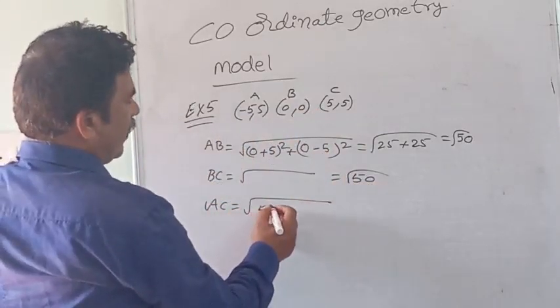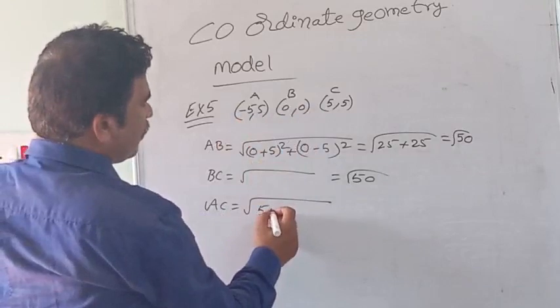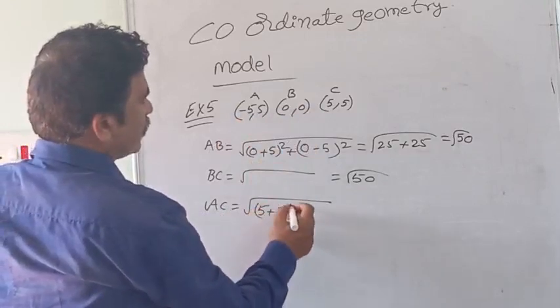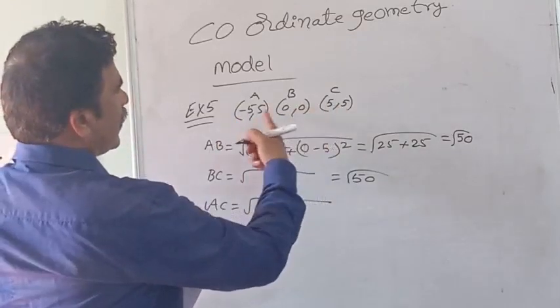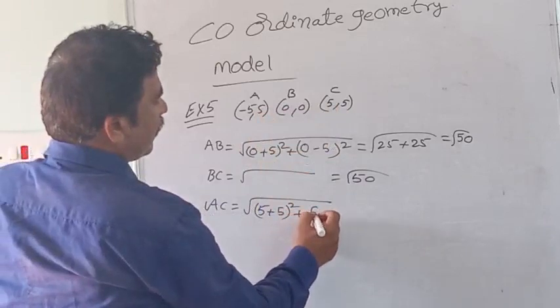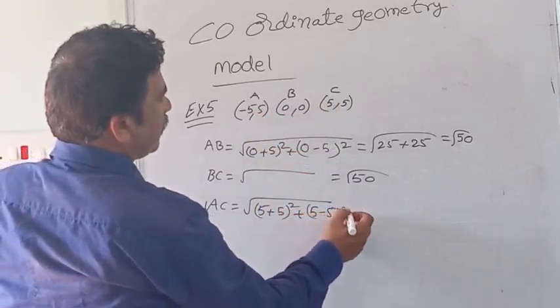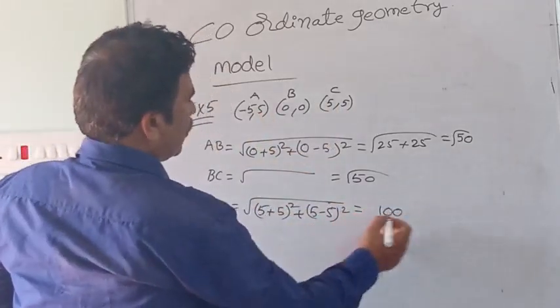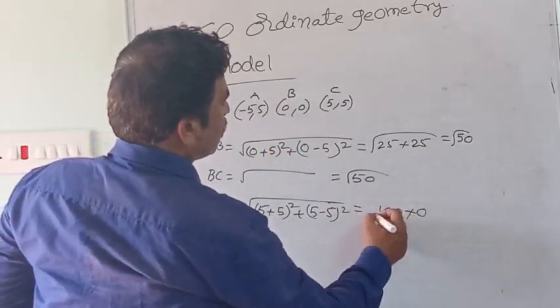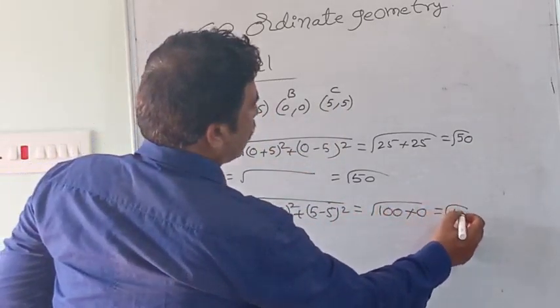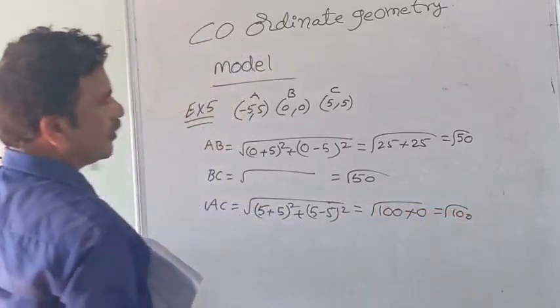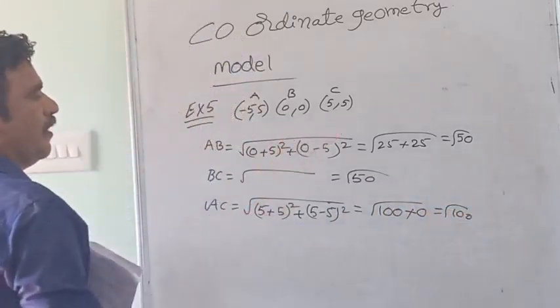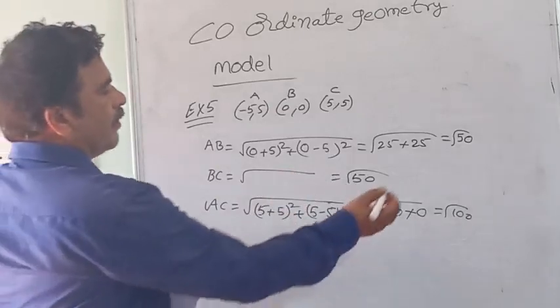AC: (5 minus of minus 5) whole square plus (5 minus 5) whole square. Carefully simplify. 10 square is 100 plus 0, which is equal to root 100. So root 50, root 50, root 100.